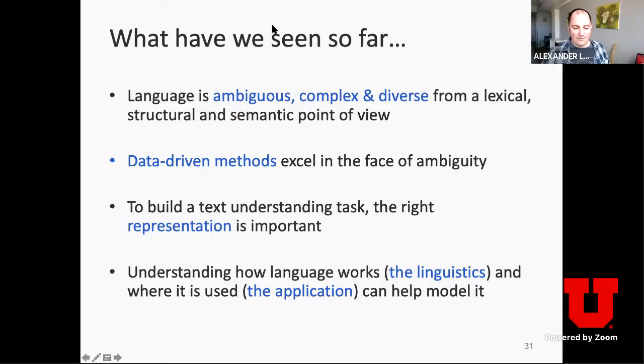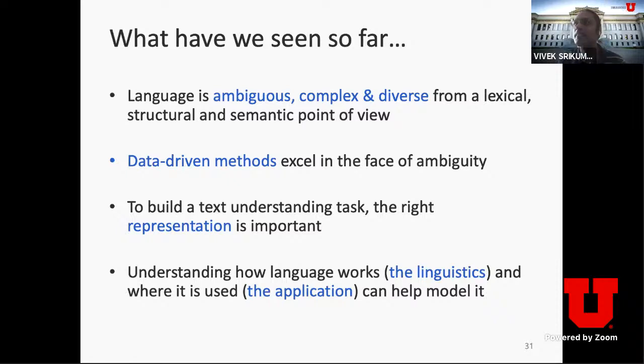Okay, Vivek, if you're ready, we can resume. Yes. Yeah, sorry about that. I had to abruptly leave because there was a knock on the door that didn't go away.